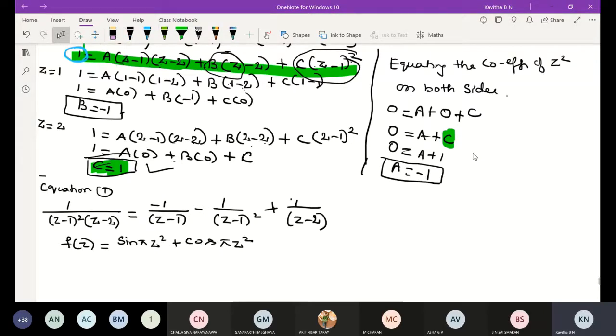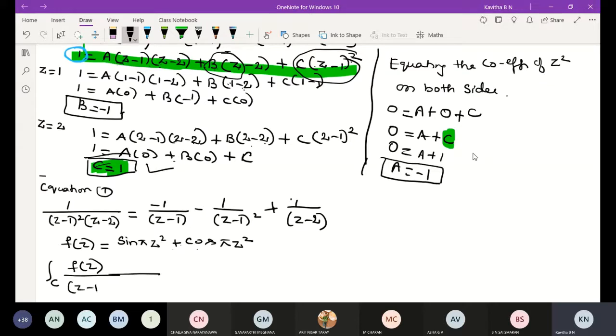The next step: on both sides take the integral over C and multiply f of z in the numerator on both sides. Understood? Integral over C on both sides you have to apply. Then in the denominator write down f of z, which is nothing but sin pi z square plus cos pi z square.